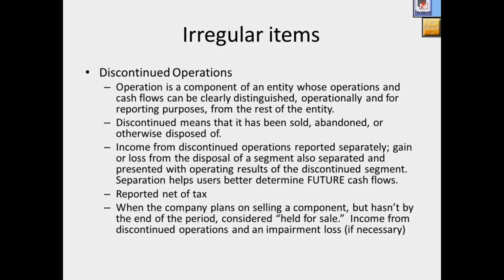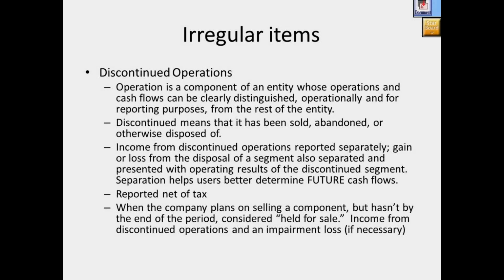So I have these two separate segments. I figure out how much income the segment I'm getting rid of produced this year, and what happens when I sell off all the assets. Do I have a gain or a loss? And what about just the operations? All of those things together are put in discontinued operations in a separate line item.